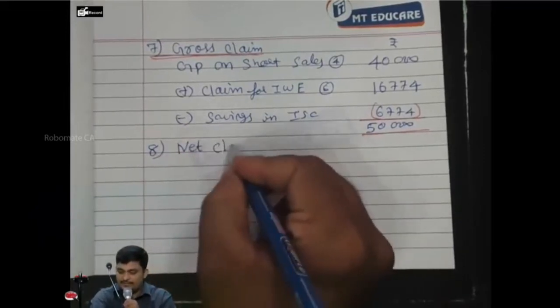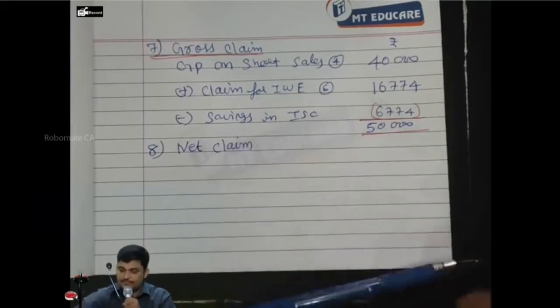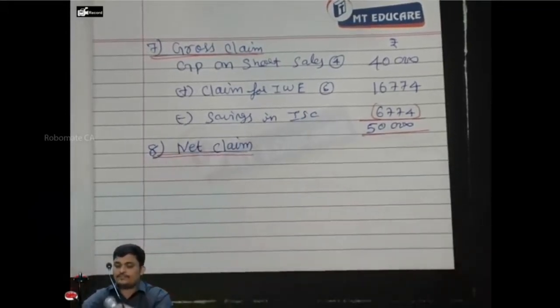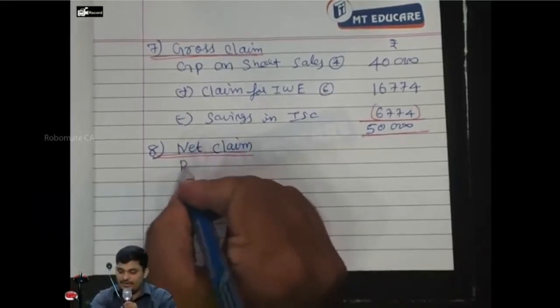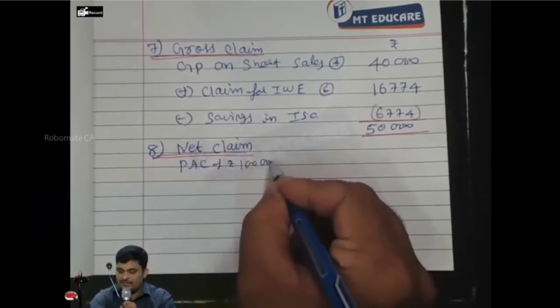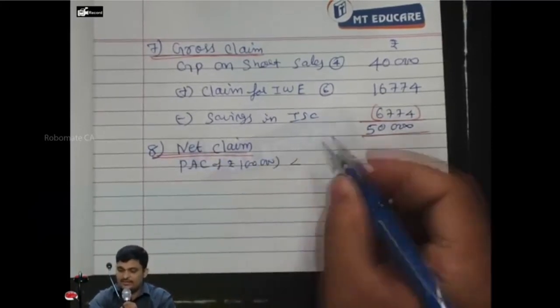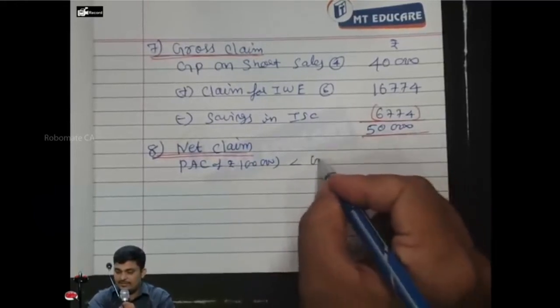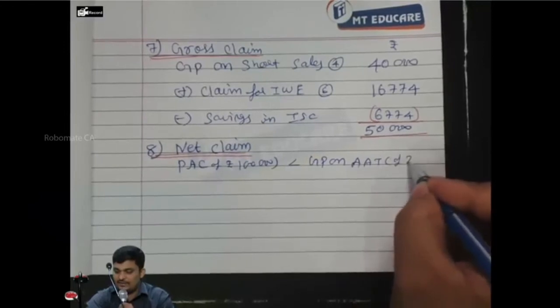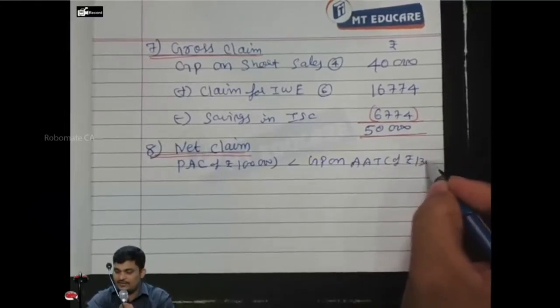Then we have step 8, net claim. For net claim, policy amount. How much is the policy amount? 1 lakh is less than GP on AAD, which is 1 lakh 30,000.